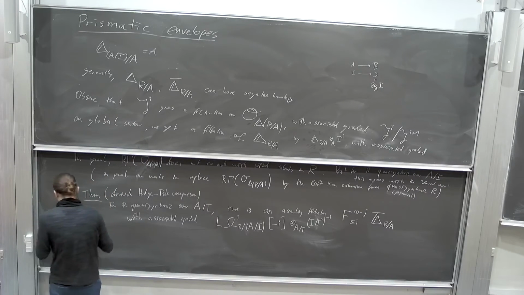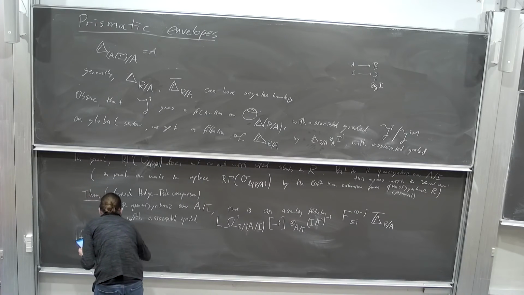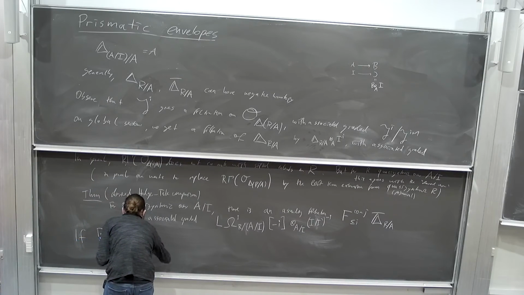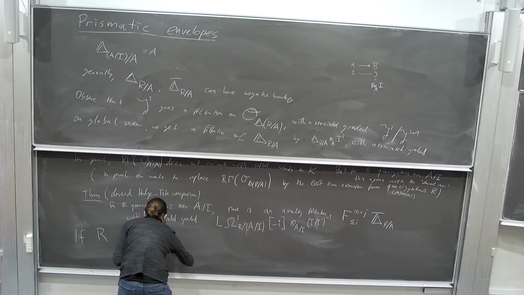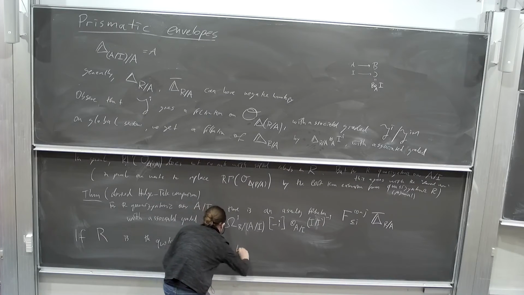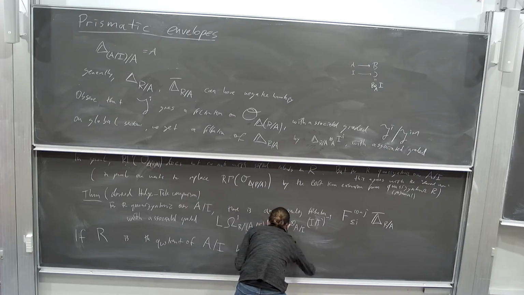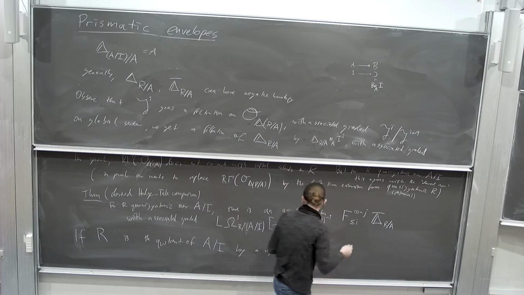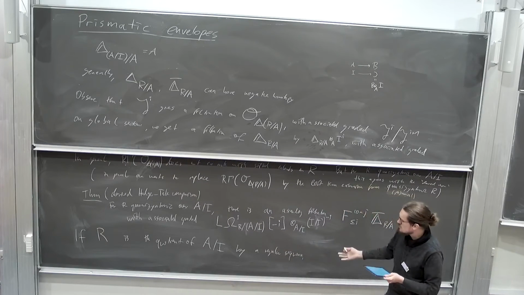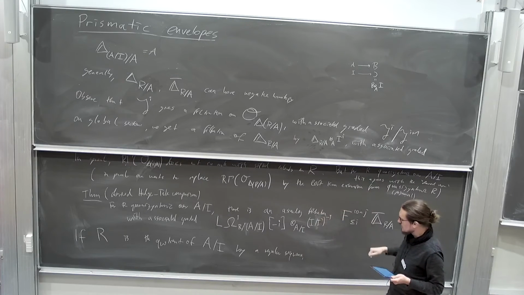Let's look at the following case. If your ring R is the quotient of A mod I by a regular sequence, what do we know about the cotangent complex, L omega 1?